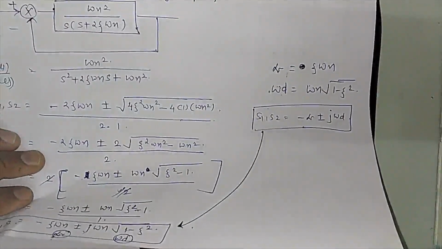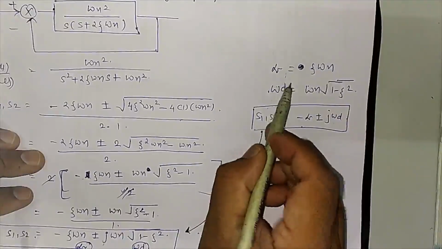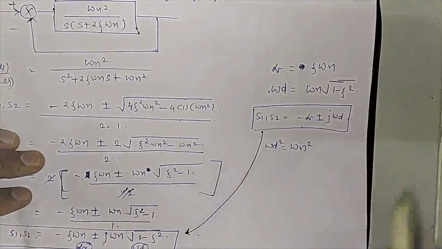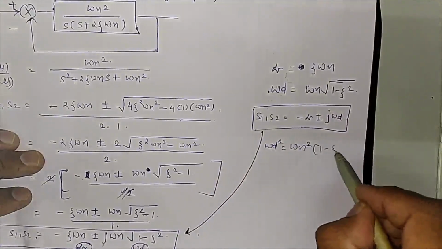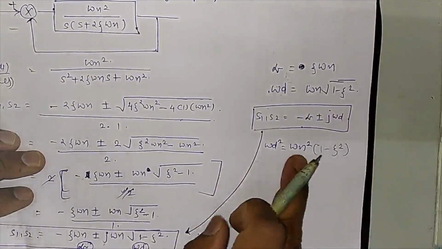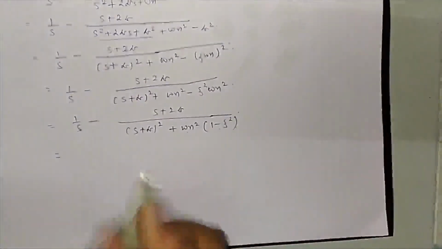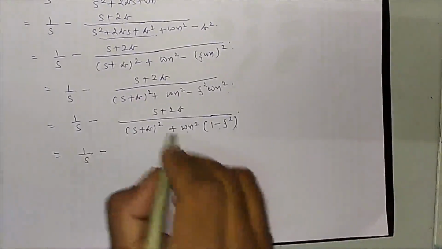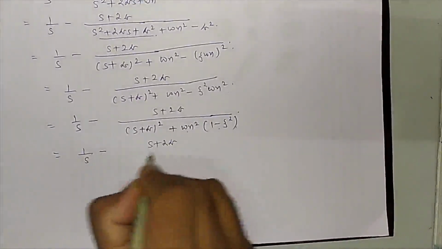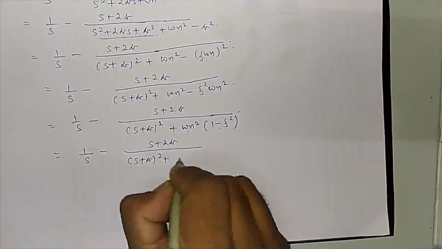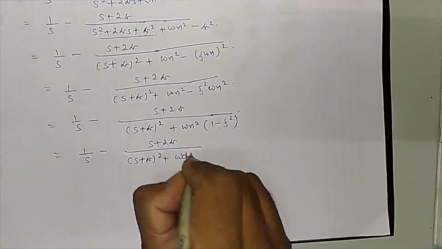So what will be the value of omega d square? Omega d square is equal to omega n square into bracket 1 minus zeta square. So I can write 1 upon s minus s plus 2 alpha upon s plus alpha whole square plus omega d square.